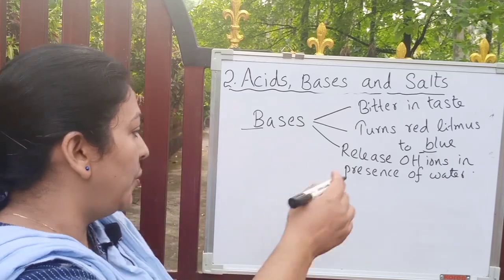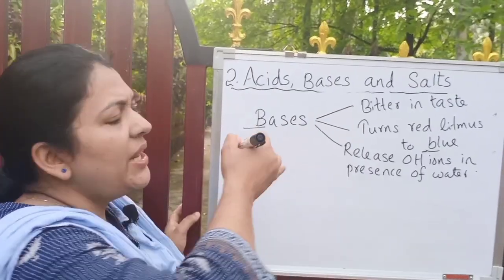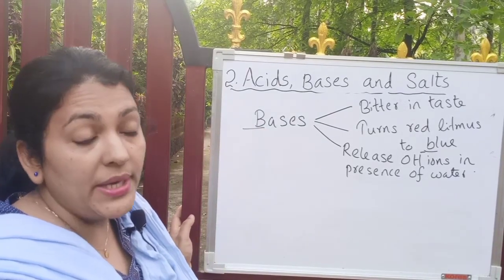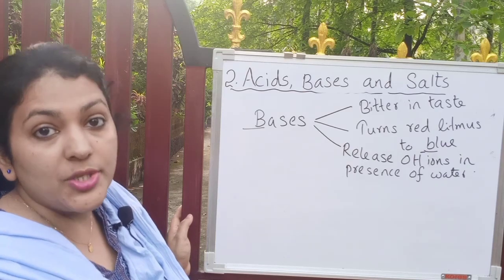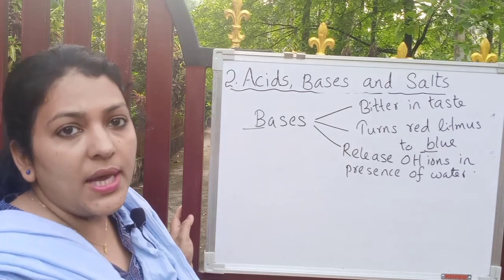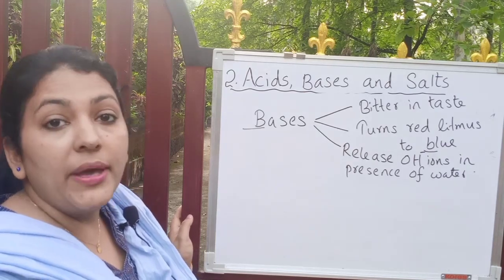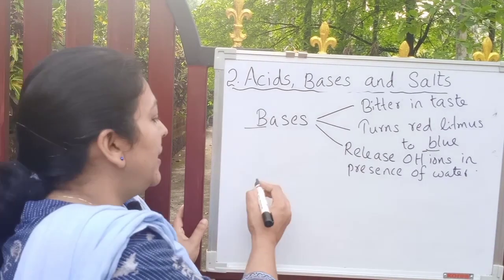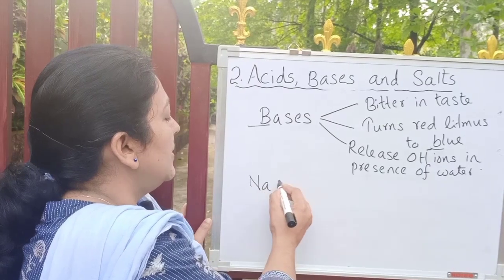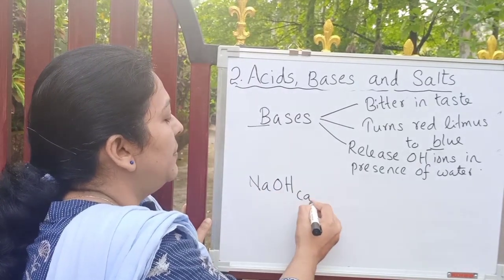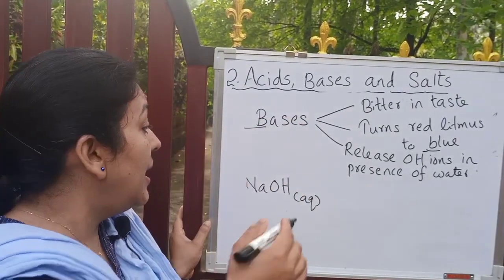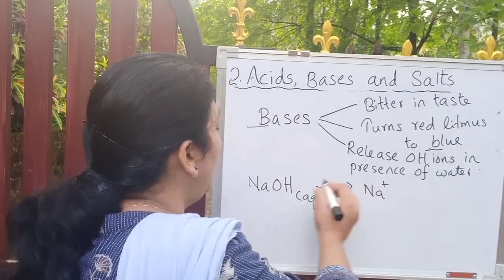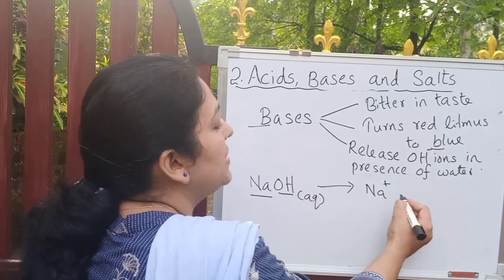I'll write on the board. I'll show you. So many examples of bases are there, like sodium hydroxide, which is a strong base. Potassium hydroxide, another strong base. Lithium hydroxide, and mild bases like magnesium hydroxide, etc. When sodium hydroxide dissolves in water, in aqueous solution, it will split into two different types of ions, sodium plus ion, and what is the next one?